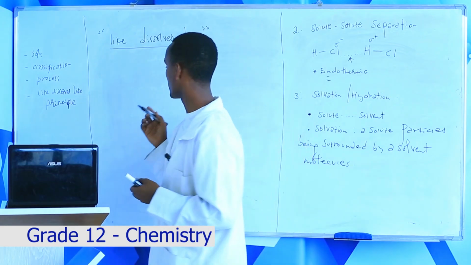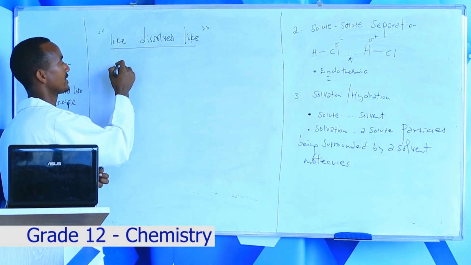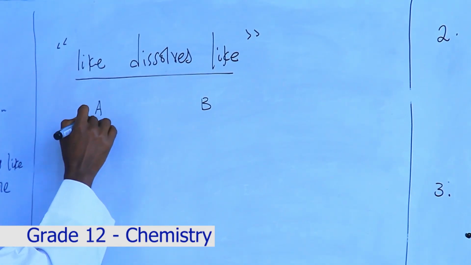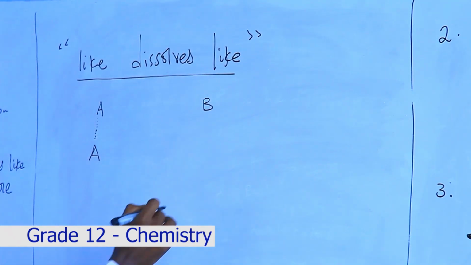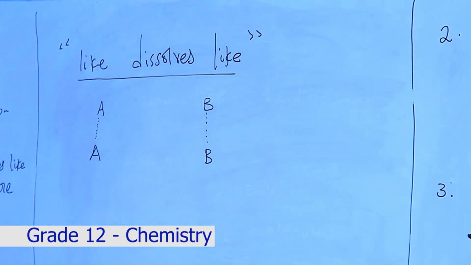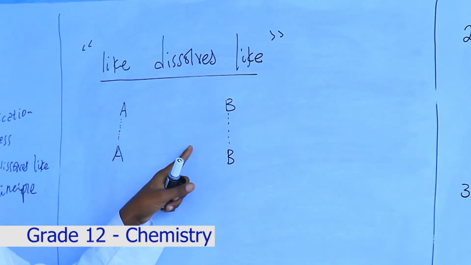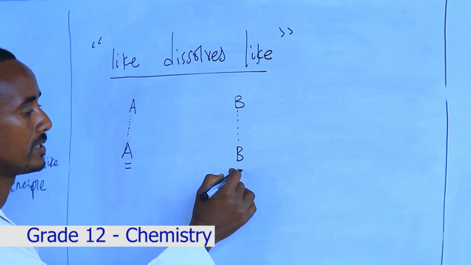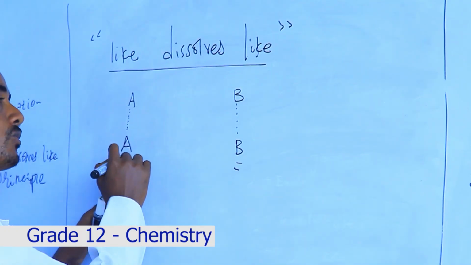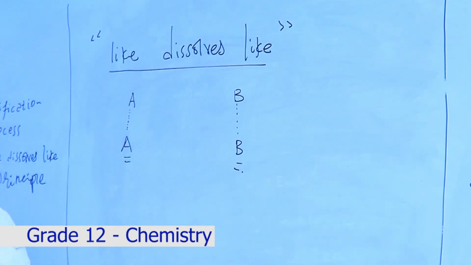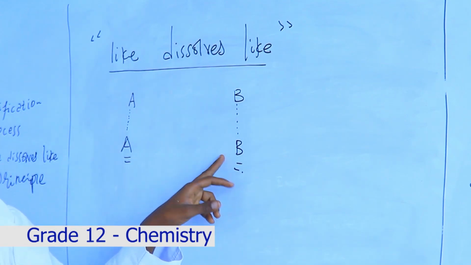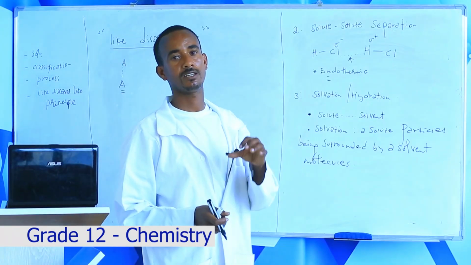For example, if you take two substances, substance A and substance B, there is an intermolecular force that exists between the molecules of substance A, and there is also an intermolecular force that exists between the molecules of substance B. So if you want to form a solution by mixing these two components, according to the principle like dissolves like, the substance A could dissolve in B if the intermolecular forces that exist between molecules A and molecules B are similar in both type as well as magnitude.